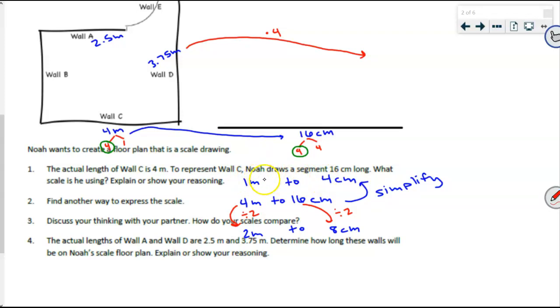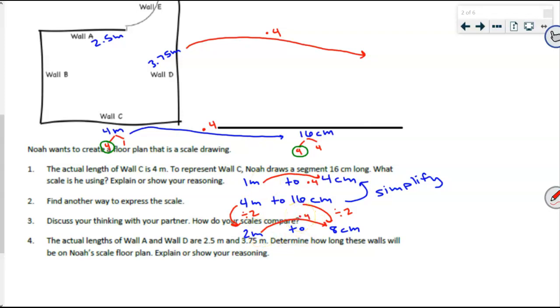It's one of those things where it's almost too obvious that you forget exactly how to explain it, right, Trace? So what we see here is in our original, the 4 meters is represented with 16 centimeters. How does that 4 change to a 16? And this is where we can relate it to our scale factors. We multiply by 4. We can see it down here as well. When we simplify it, how is this 1 changing to a 4? We're multiplying by 4. How is this 2 changing to an 8?